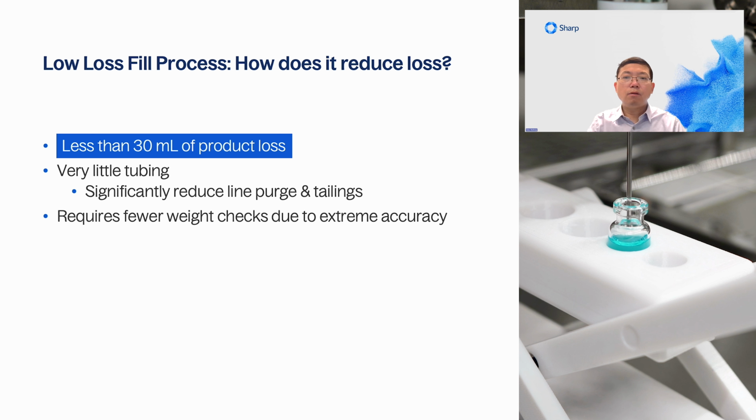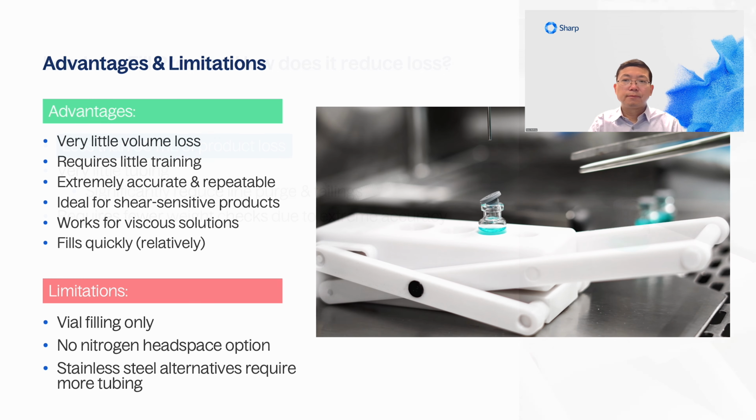Since we only have 3 inches of tubing to be concerned with air becoming trapped in, we can significantly reduce our line purge and our tailings. Tailings is the product left in the line at the end of a fill. In addition, we were able to perform non-destructive weight checks, which further reduces product loss.